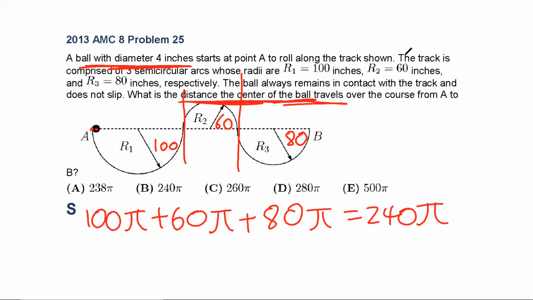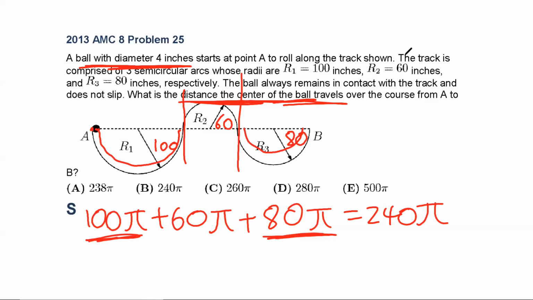For the region of R1, the center of the ball is going to travel less than we think, because if I trace out this track here, that track is less than the original semicircle. Similarly for R3, we trace out a track like that, which is again less than the original semicircle. So for R1 and R3, the real values are always going to be less than 100 pi and 80 pi.